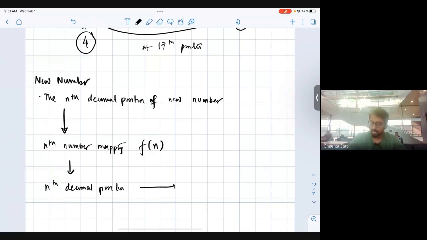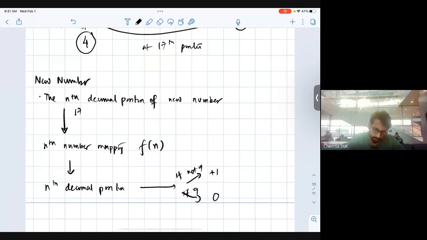We add 1 if the digit is not 9, and if it is 9 we make it 0. So we are adding 1 if not 9, and if 9 we make it 0.